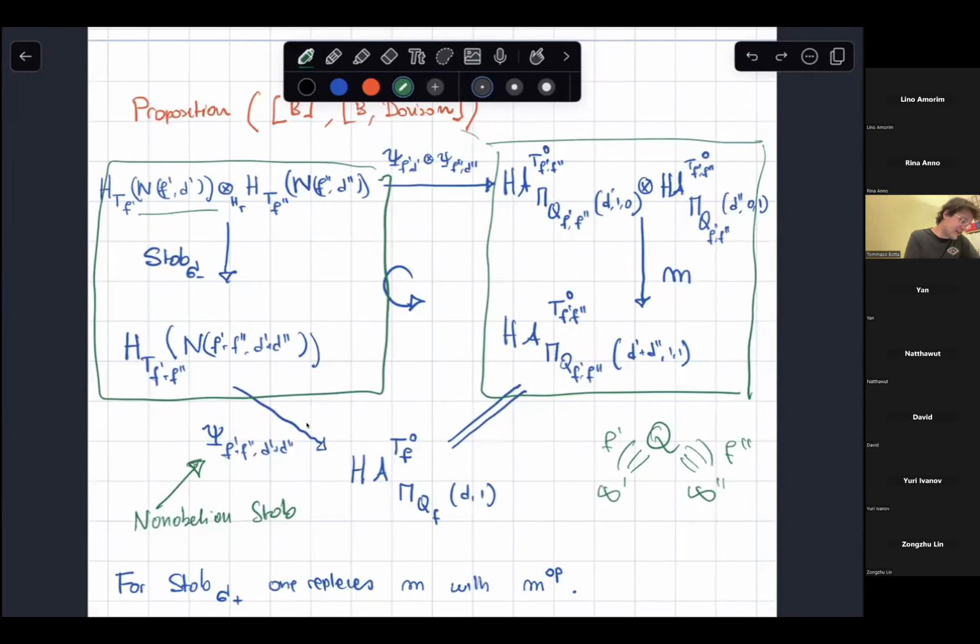So you see that both here and here have the non-abelian stable envelope. So in other words, another way of saying this is that the multiplication of this specific type of cohomological algebra restricts on the semi-stable locus to the stable envelope, and the restriction is obtained by means of this non-abelian stable envelope.